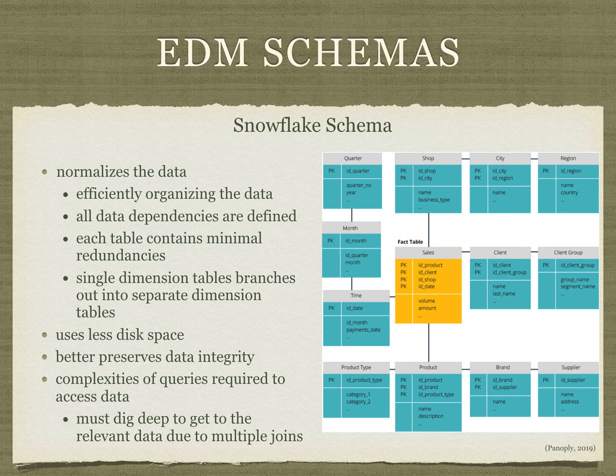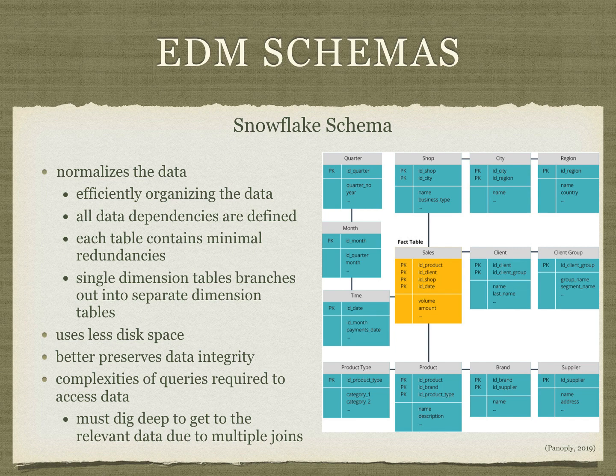The second EDM schema is the snowflake schema. It normalizes the data by efficiently organizing the data. All data dependencies are defined. Each table contains minimal redundancies. Single dimension tables branch out into separate dimension tables. It uses less disk space.